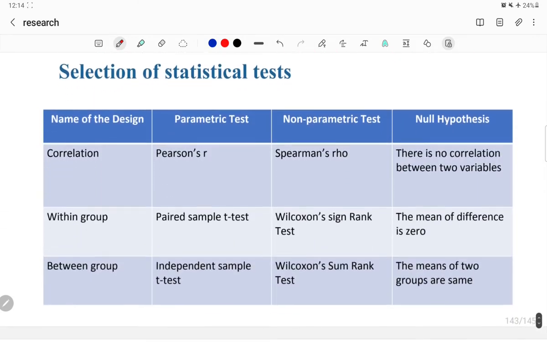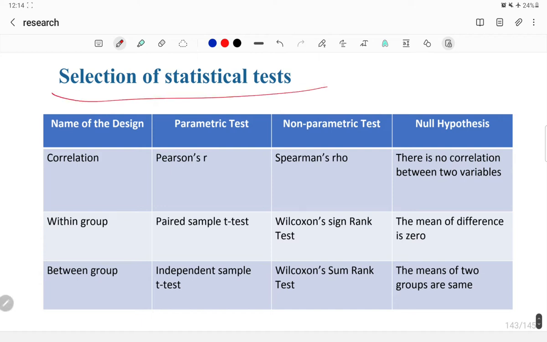Now the different tests. These are the main statistical tests. First is correlation, when we have to correlate two things. For example, heart rate with breath rate, or heart rate and cholesterol level.